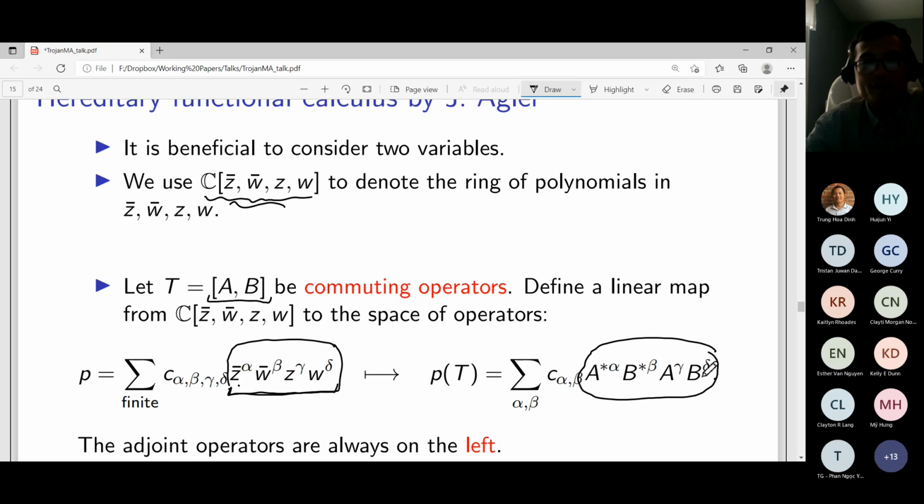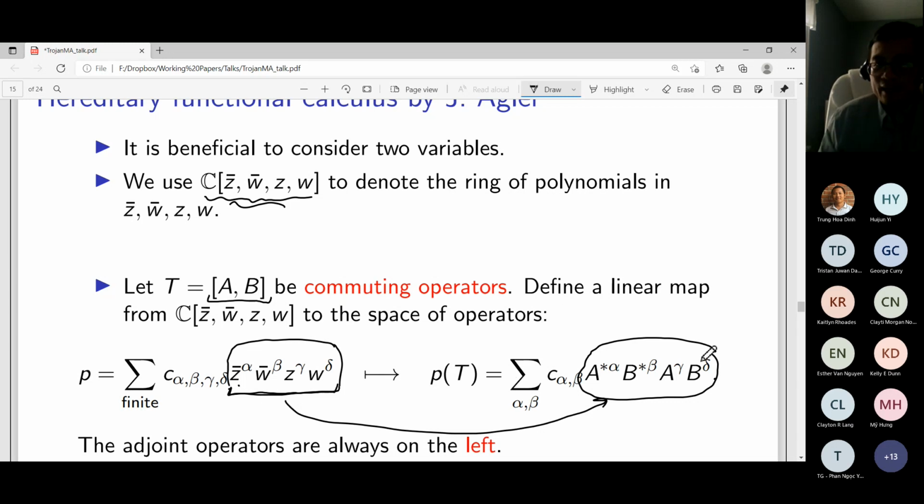This is called the functional calculus for polynomials. There's a general notion where we may allow more general functions, analytic functions, etc. But for us, polynomials will be good enough. So that's how we define the hereditary functional calculus.